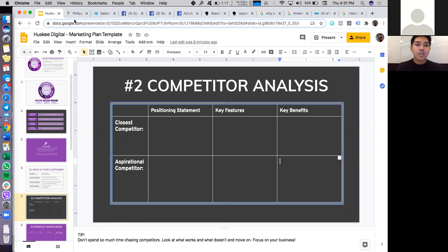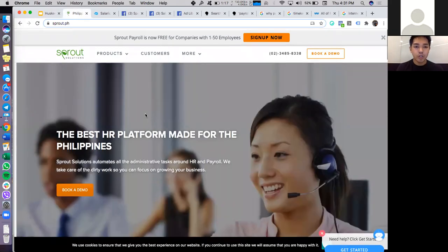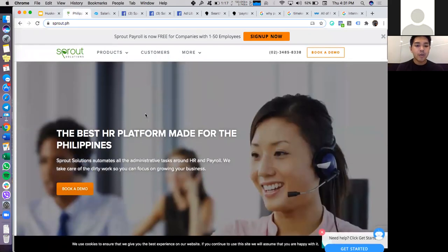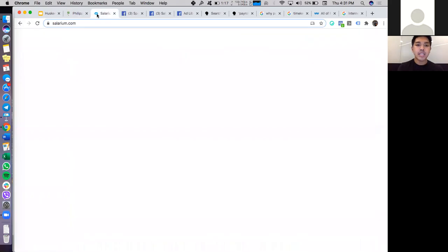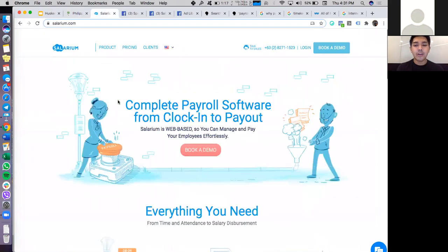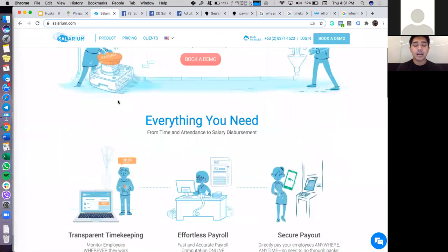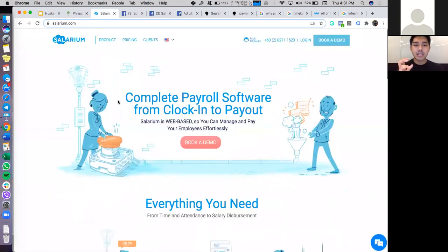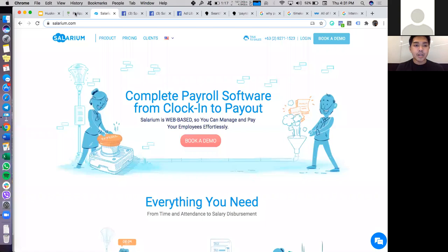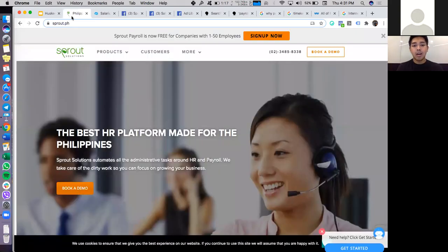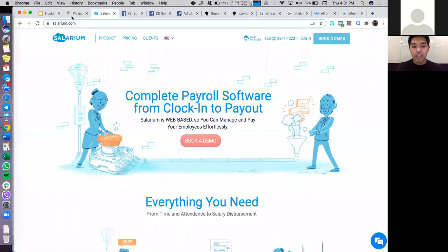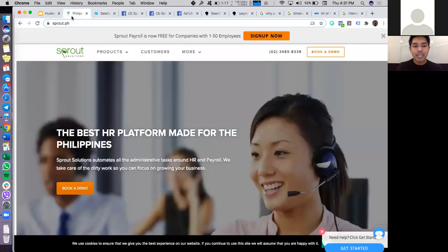All right. So in this example, I'm looking at Sprout Solutions. If you don't know Sprout, they're one of the top HR platforms in the country. And I'm looking at Salarium, also payroll and timekeeping software. Now, just a disclaimer again, we're not working with any of these companies. I actually know people who work for some of these companies, and I can tell you they're both great companies.